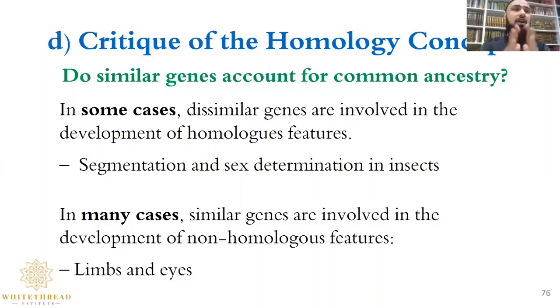Because genes are giving you a whole host of different structures. That's one argument. And perhaps more striking and more common is the similar genes. So you've got homologous genes, the same genes, developing non-homologous features. Now that's very common in nature.